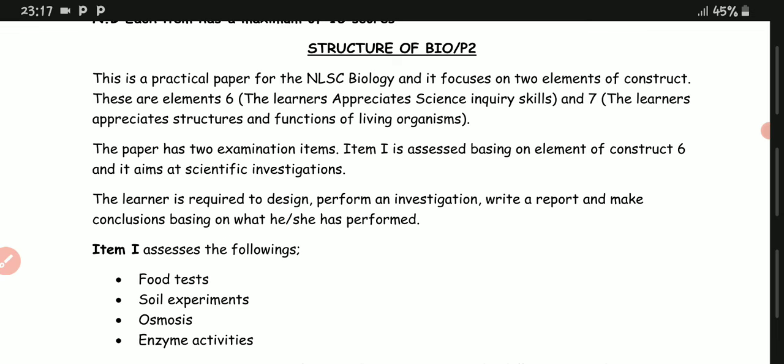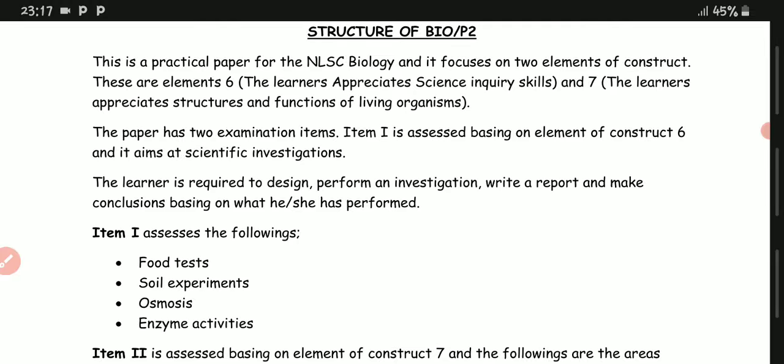In element of construct 6, learners must appreciate science inquiry skills. These are skills which learners must acquire, for example, designing the experiment, performing the experiment, investigating the experiment, and writing a report for that experiment. All those are in element of construct 6.